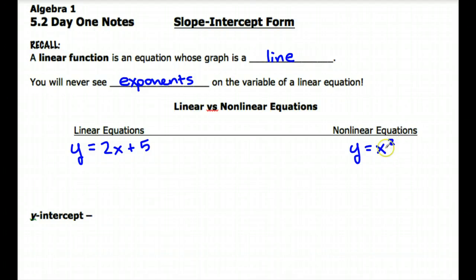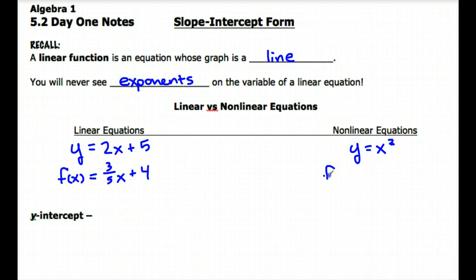That'd actually be a quadratic, and that's a function family we'll be looking at more in depth at the end of the year. You can also have equations in function notation form. F of x equals, and you can have fractions in your equations. So f of x equals 3/5 x plus 4 would be a linear equation. Again, no exponents on the variables.